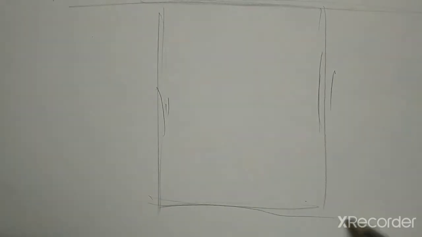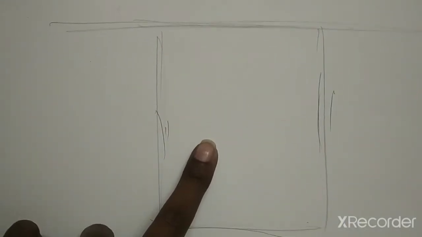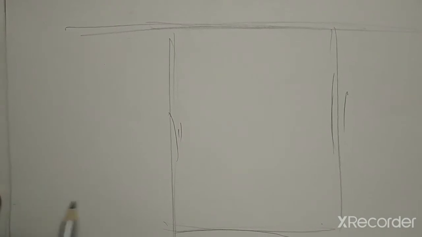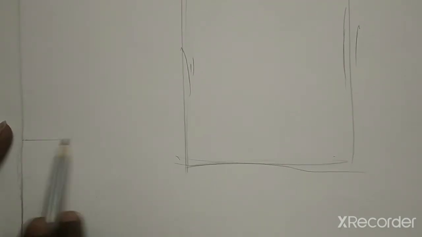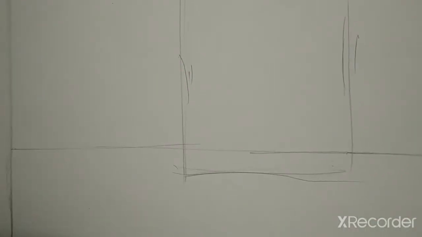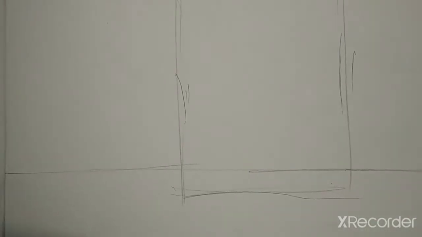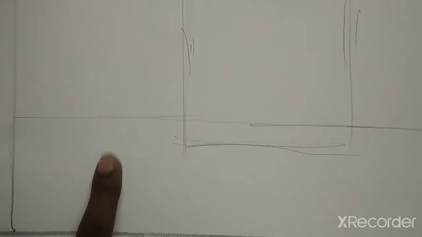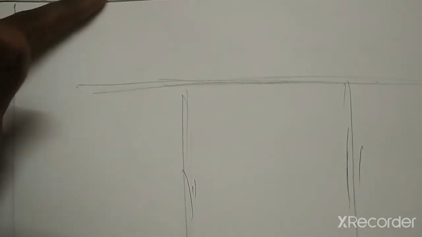So this is our bucket space. Then here at the back side we'll draw one line. Okay, so here we divided the space. This is the ground and this is the back side space.